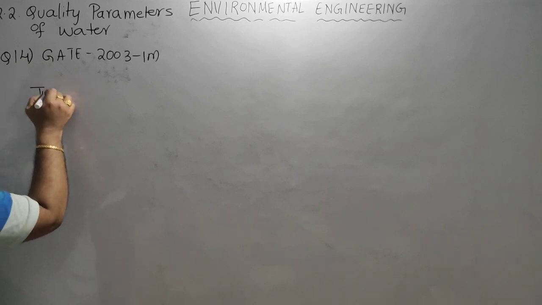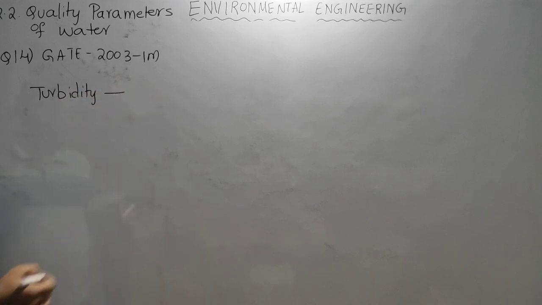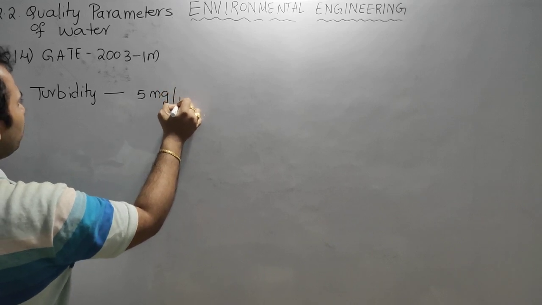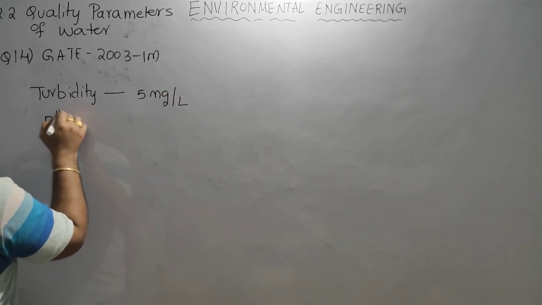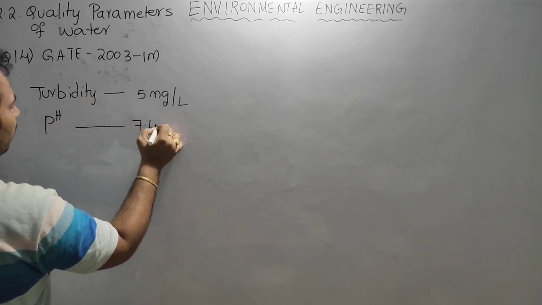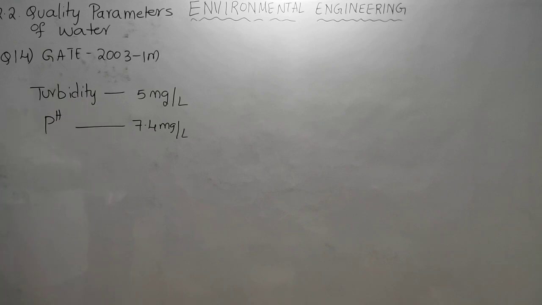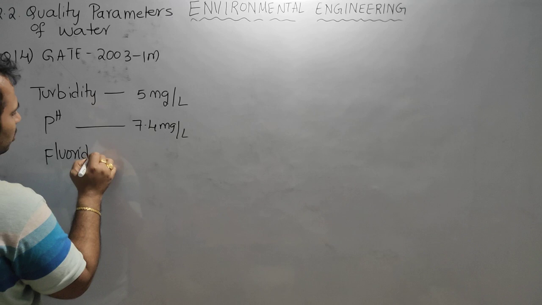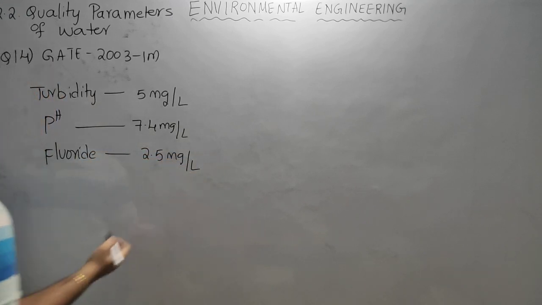Turbidity is 5 mg per liter. pH is 7.4. Fluoride is 2.5 mg per liter. These are all the results of the test report of water.